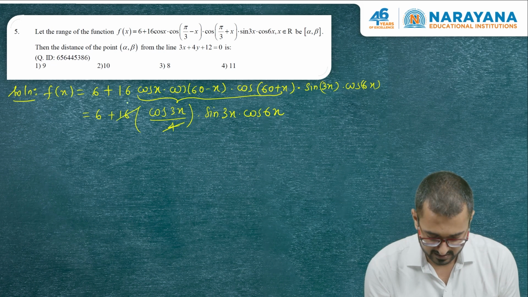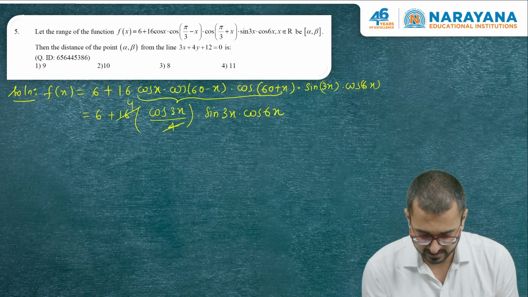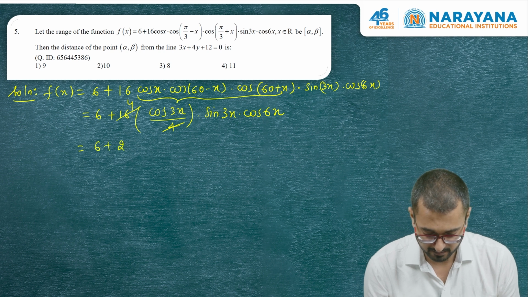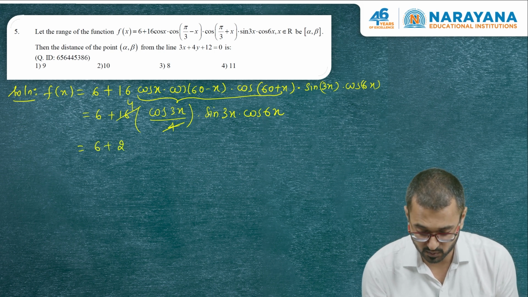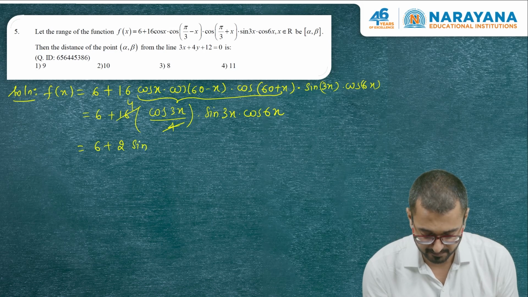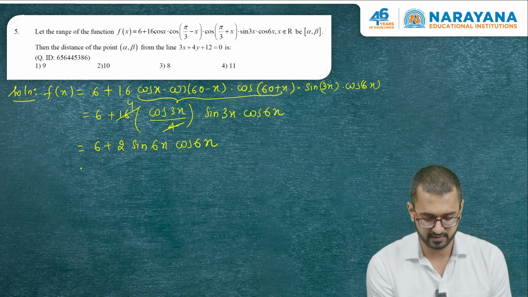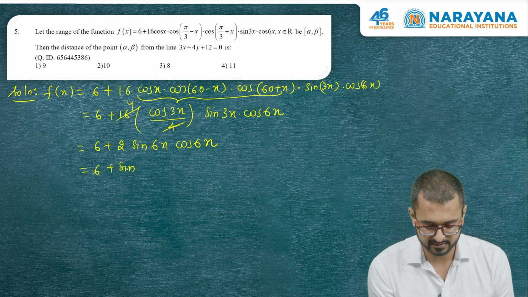So this 4 I'll be cancelling here. And now since sin 3x and cos 3x are again good partners, we'll write down 2 times; this 2 I'm sending here. So 2 sin 3x into cos 3x will give me sin 6x into cos 6x. Now 2 sin 6x into cos 6x will give me sin 12x.